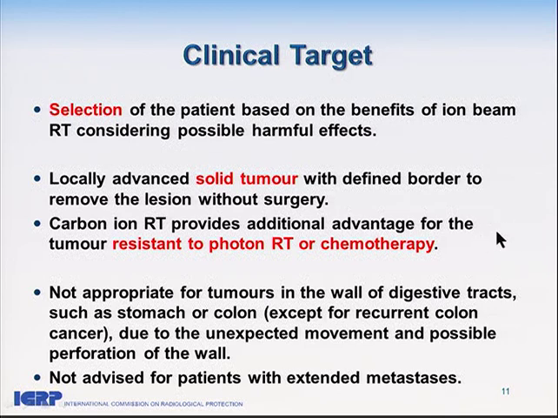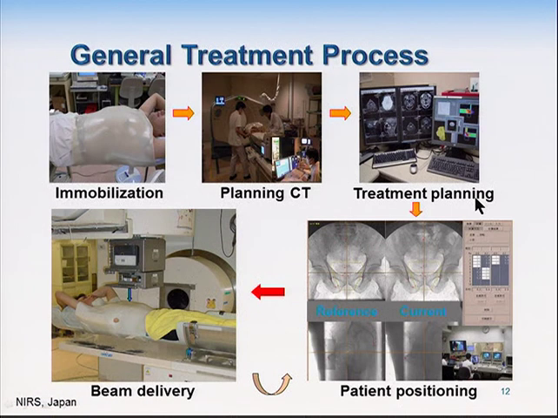This is due to the unexpected movement and possible perforation of the wall. So this is not good for primary stomach cancer or colon cancer. This is not advised for patients with extended metastasis, because although we can treat the primary tumors, we cannot save the patient's life. This is an important point.